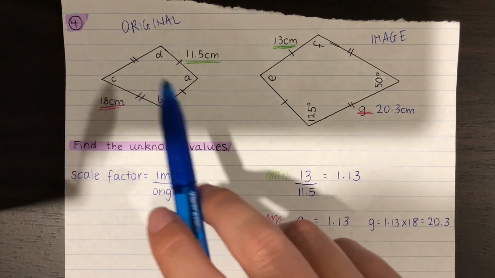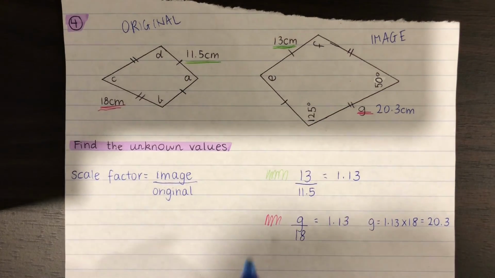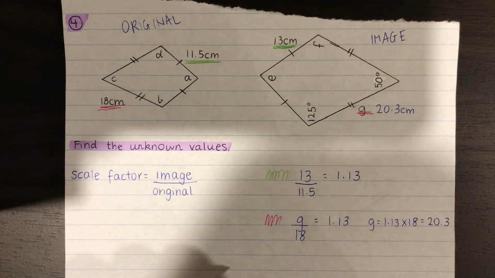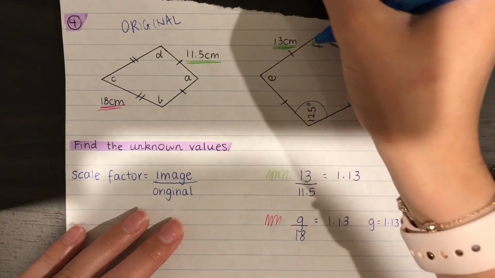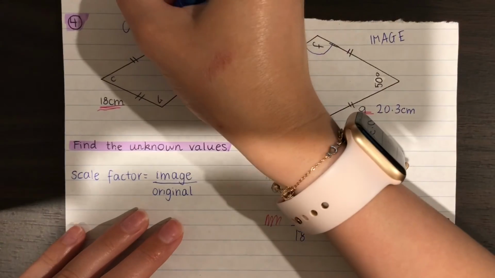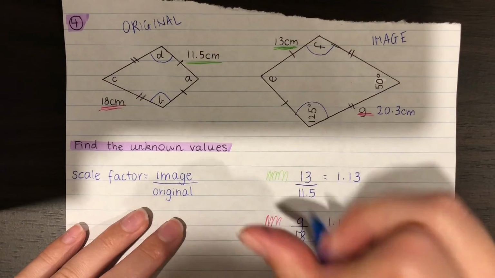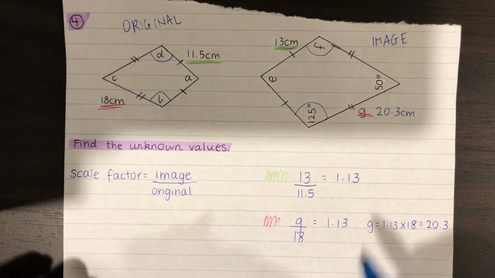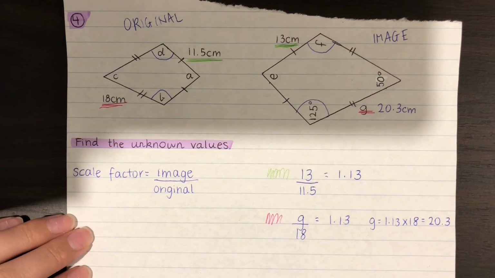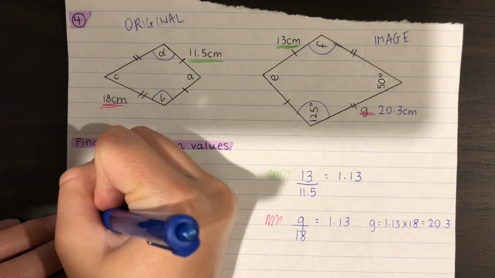To find out what A, B, C, D, E, and F equal, you must go back and use your knowledge of angles inside of a kite. You would know that these angles equal the exact same number, and these do not. So you would say F equals 125 degrees.